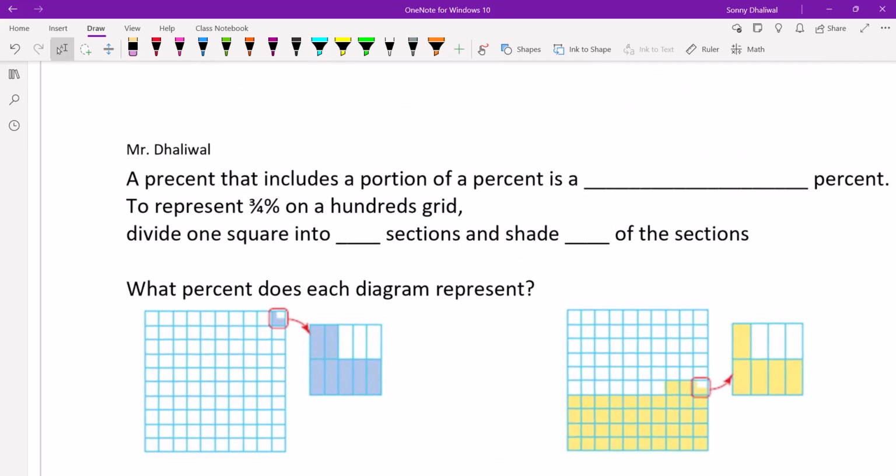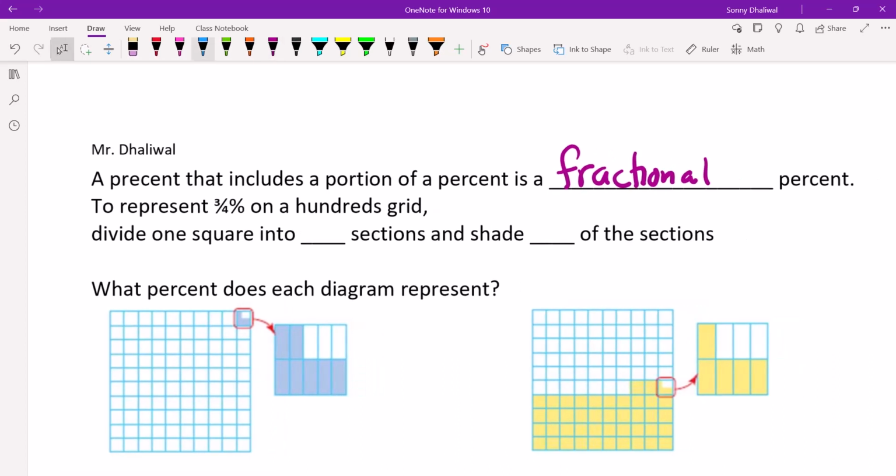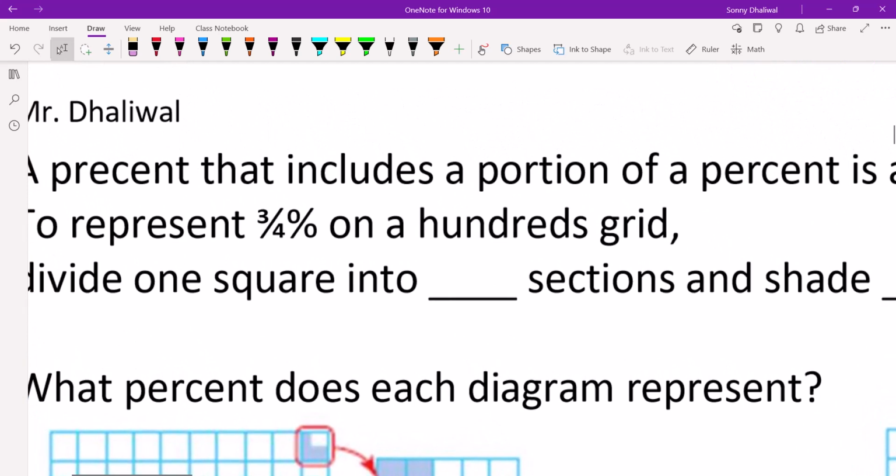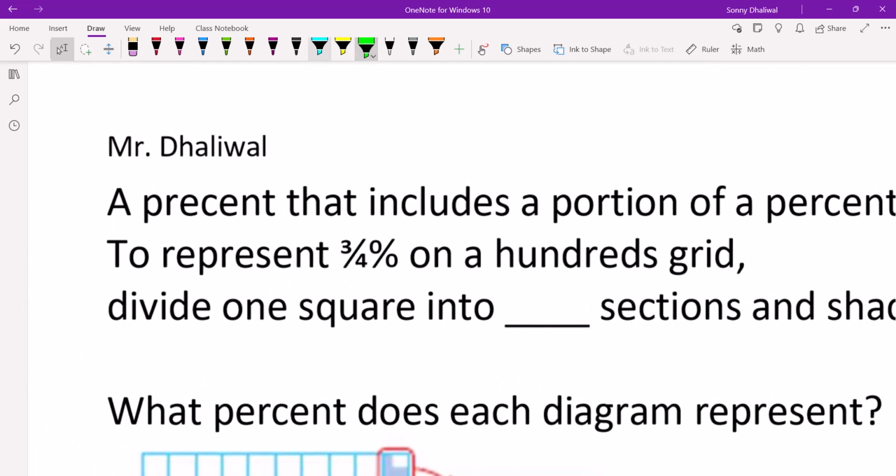So if we have a decimal percentage, we call that a fractional percent, okay, which means a percent less than 1 percent. We do these zoomed in squares. Okay?